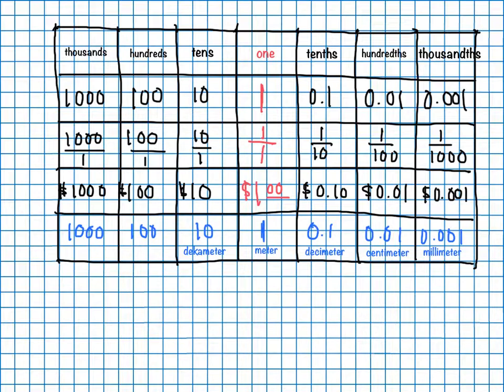Decade means 10 years. Our next one here, as we move to the left, is a hectometer. And that is 100. And finally, to the far left, we have a kilometer.